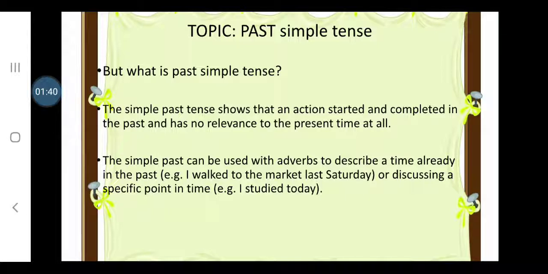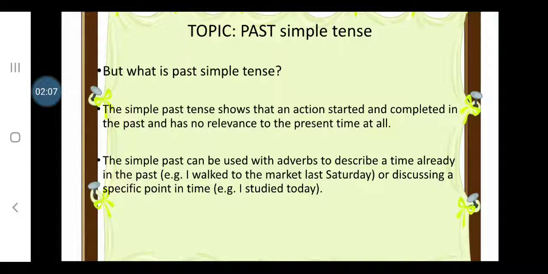Second explanation of what past tense is: the simple past can be used with adverbs to describe a time already in the past. For example, I walked to the market last Saturday, or discussing a specific point in time.